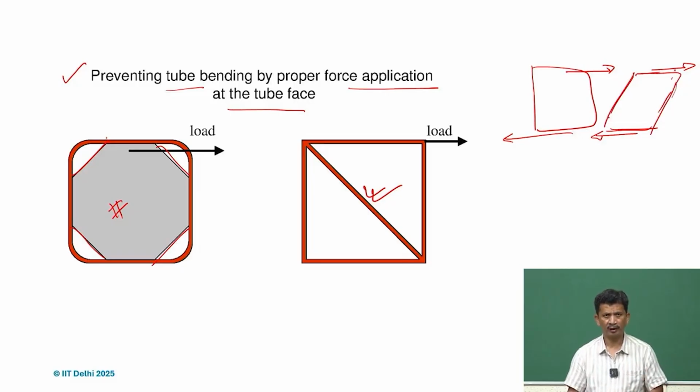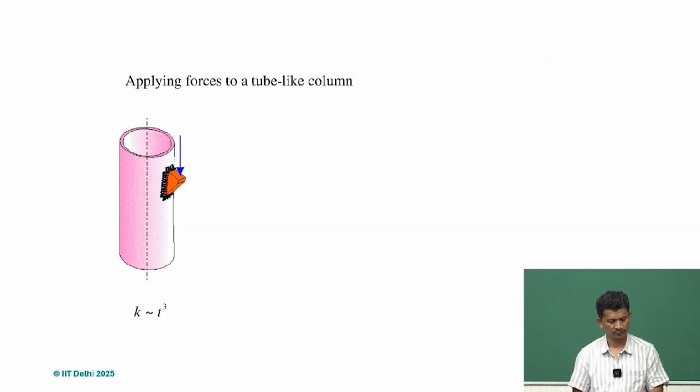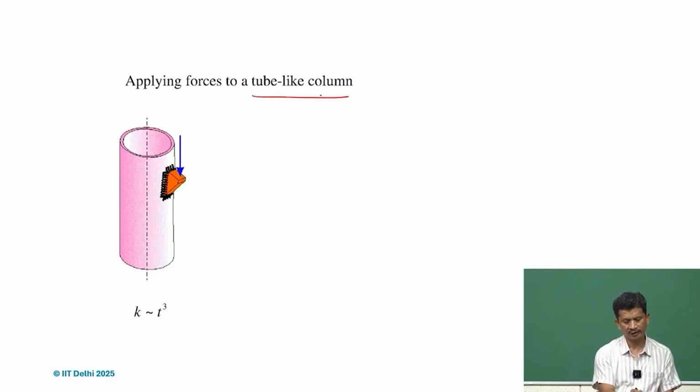So we have to be careful, and the moment we apply a load at the ends, we have to also check how it should be applied. Another very common example and common mistake, I would say, is a tube-like column.